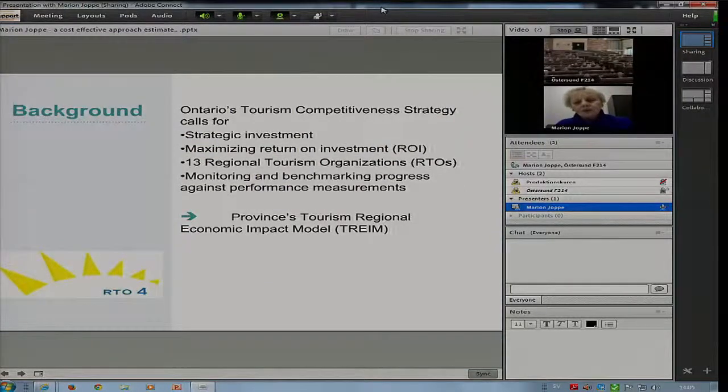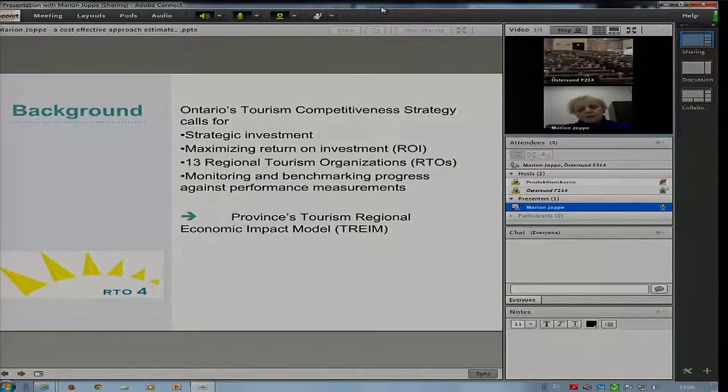So let me give you also a bit of background on the Ontario Tourism Competitiveness Strategy, which, as I said, was released 5 years ago. And it called for strategic investment, not surprisingly, as well as maximizing the return on investment for the money that the government was investing in the tourism economy.